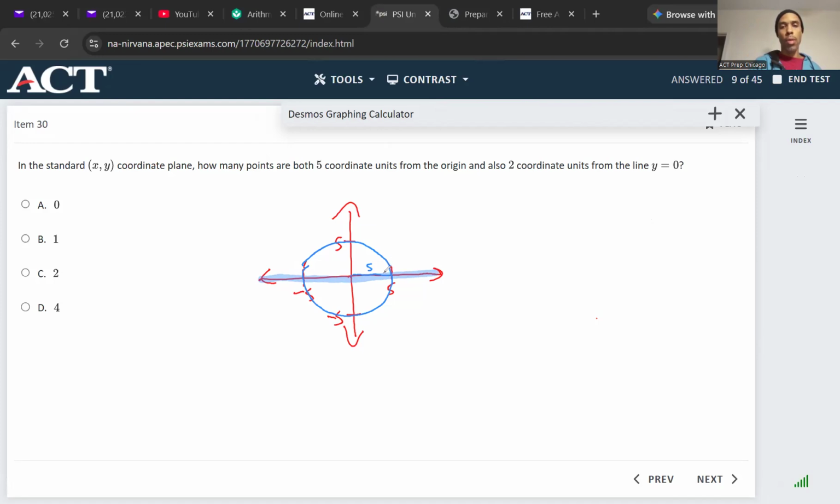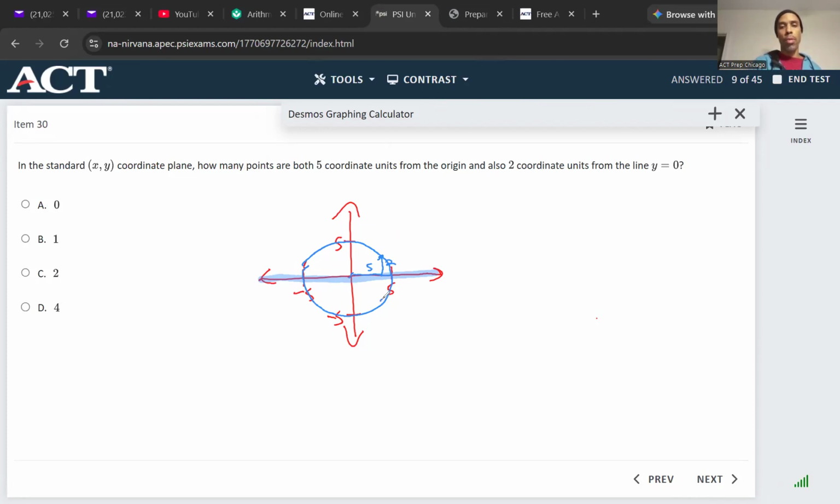So I think that's pretty easy. You're just looking for, like here, I'm just guessing, but like here, because this might be a distance. Distance to the axis is right here, so this might be 2. From here to here it's 5 units from the origin, but also 2 units from the line y equals 0, the x-axis.